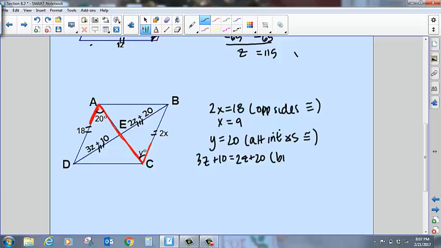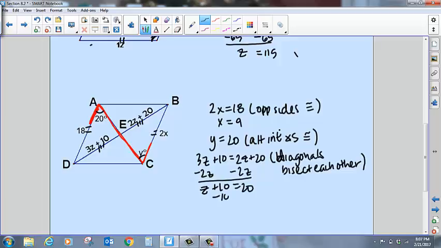And that's because diagonals bisect each other. So then if we subtract 2z from both sides, that gives us z plus 10 equals 20. And then if we subtract 10 from both sides, we get z equals 10. Okay, so those are the main examples from your flip chart.